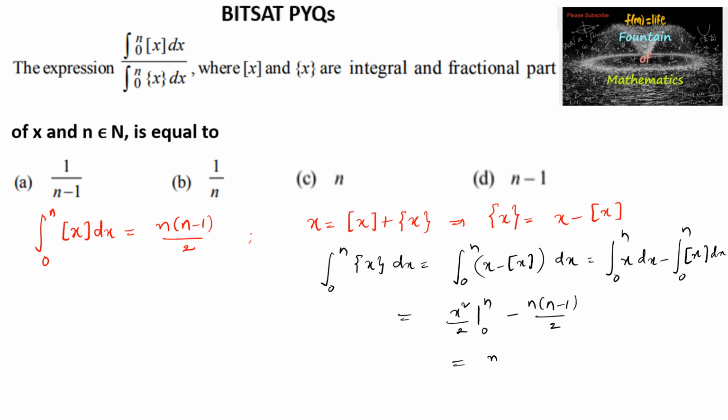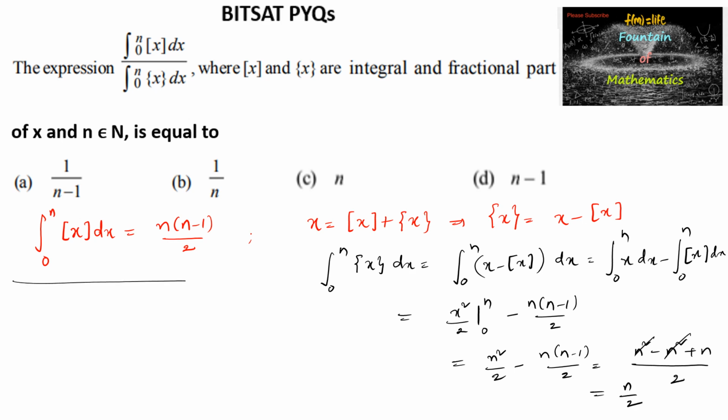So we can write n square upon 2 minus n(n minus 1)/2. Taking 2 common in the LCM, we simplify: (n square minus n square plus n) divided by 2. So n square gets cancelled, and we are getting n upon 2.